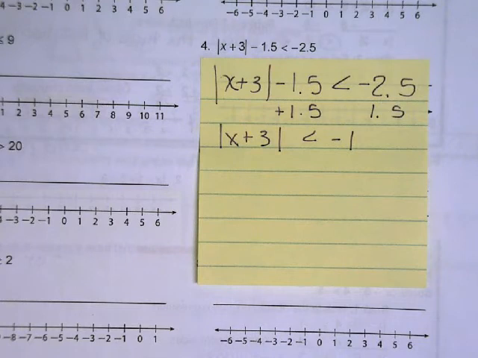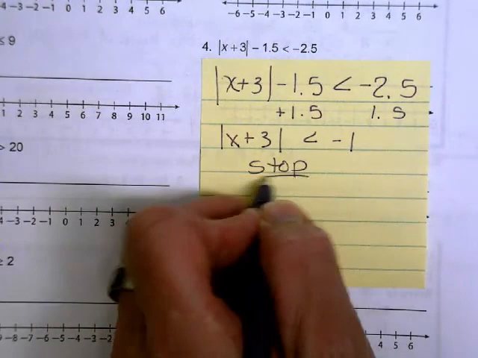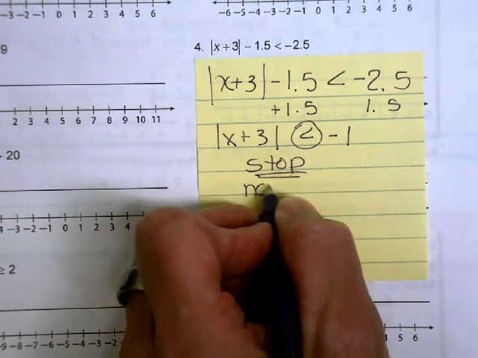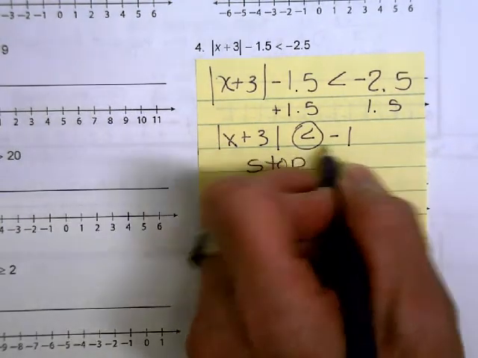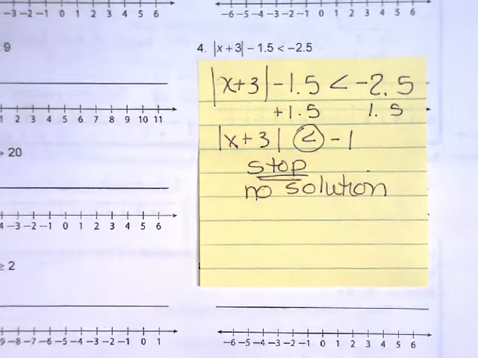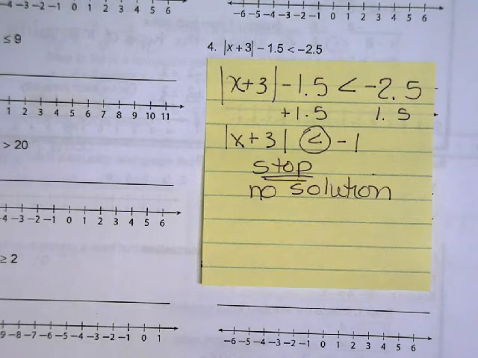Can an absolute value be less than a negative number? Can an absolute value be a number less than a negative 1? No. So no solution. Stop. Because this is less than a negative, no solution.